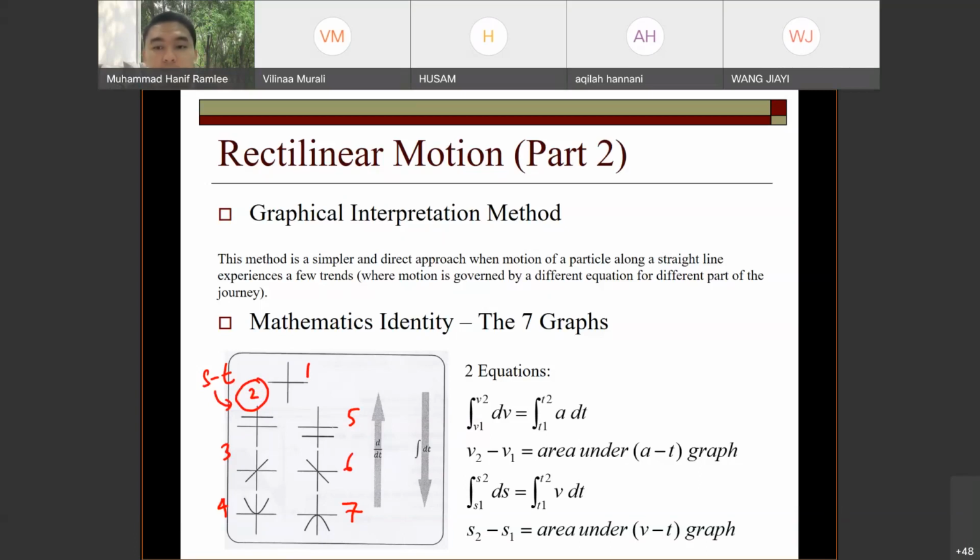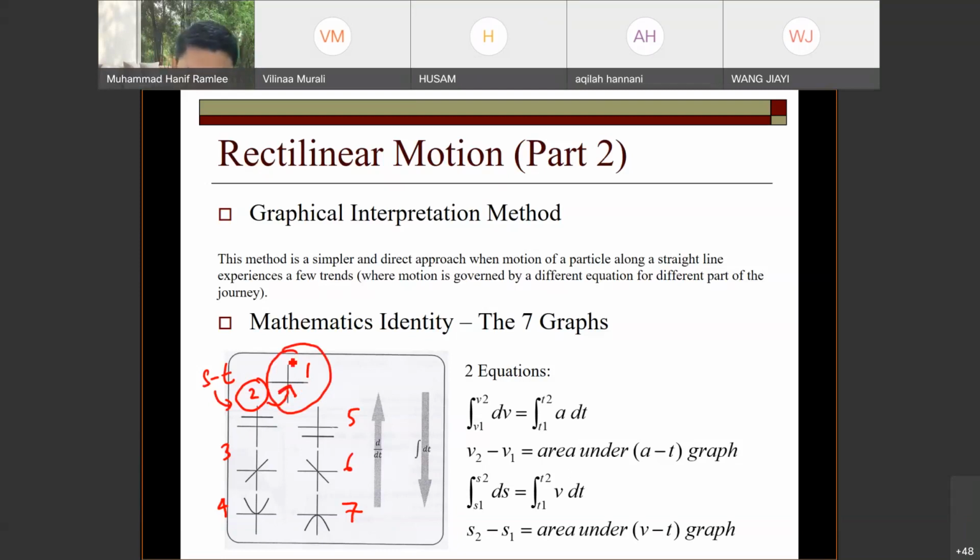Yes, differentiation. So if you have number 2 here and you want to get the VT graph, you have to differentiate, and you will get the VT graph here, number 1.